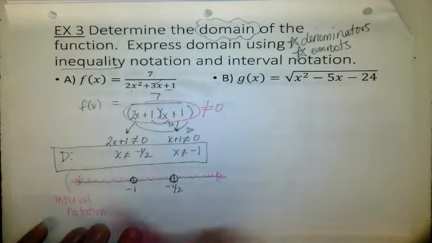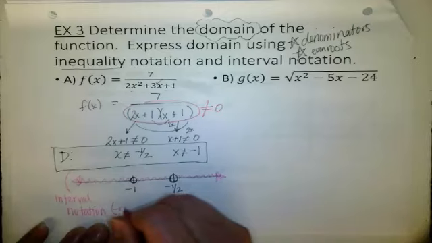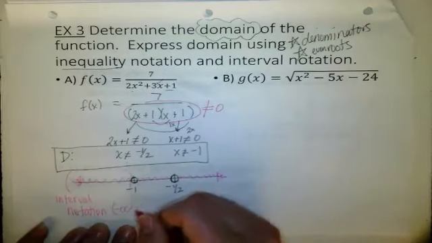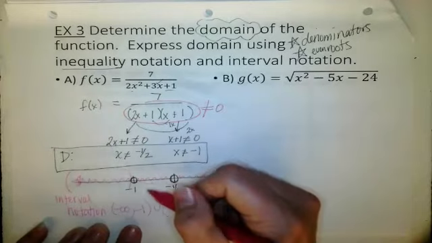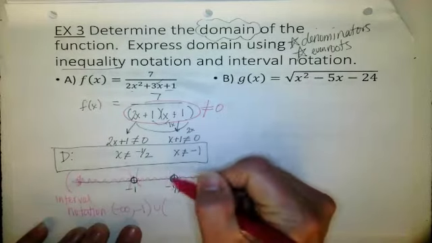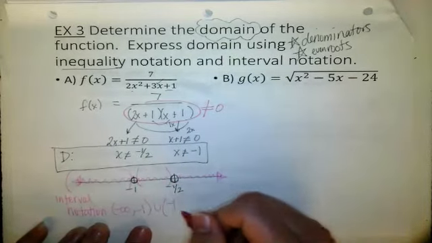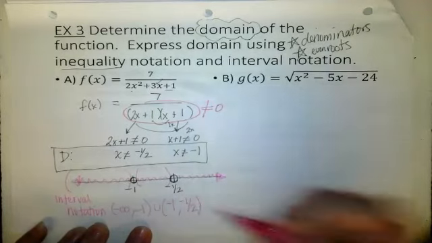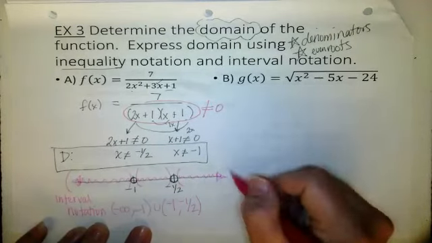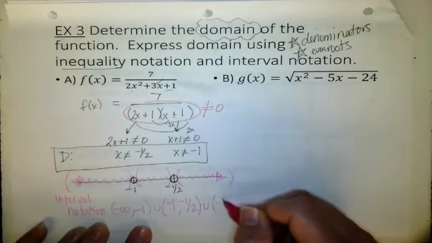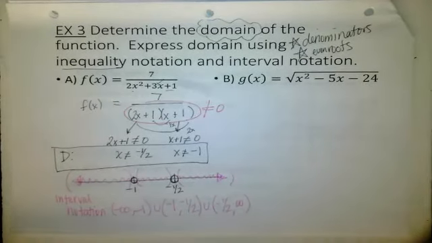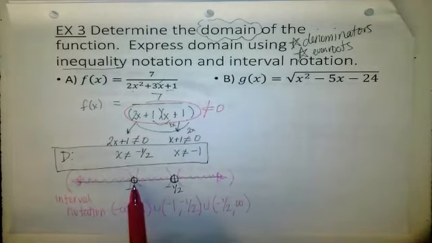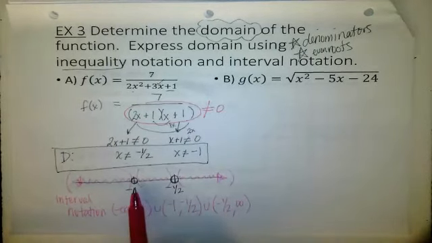So negative infinity to -1, then -1 to -1/2, and -1/2 to infinity. So use brackets? Can you use brackets? No, it's right. So we're not allowed to equal -1.